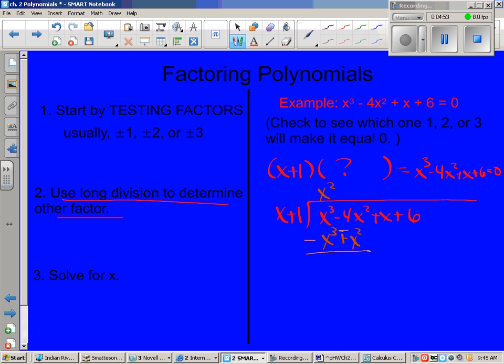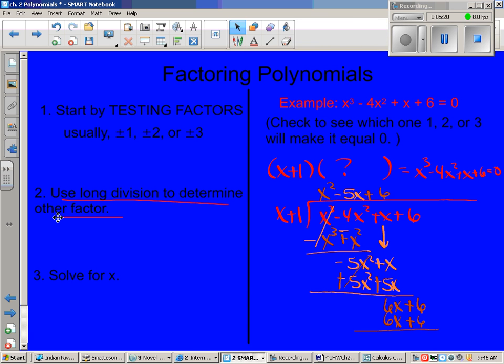Have to remember both of them. And so there it is. X squared minus 5x plus 6 is the other factor.